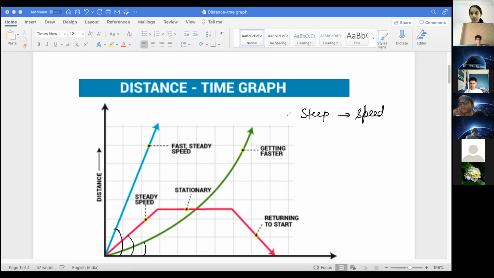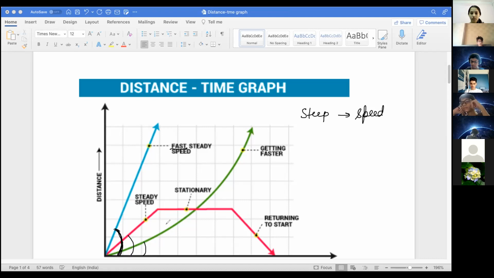More steep, then more speed. If the steepness is less, the speed is lesser. So you can see over here this blue line, the slope is very high, the angle is very high. So that means it is moving with very high speed and it is having a constant speed.